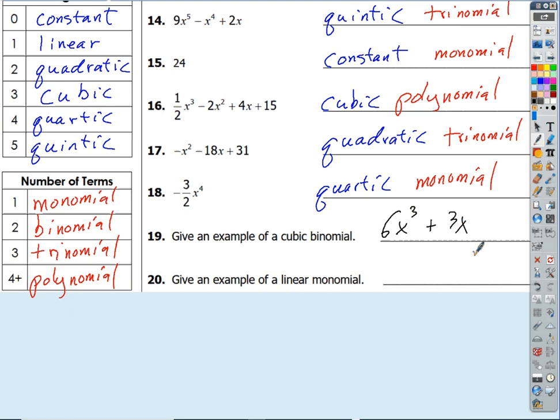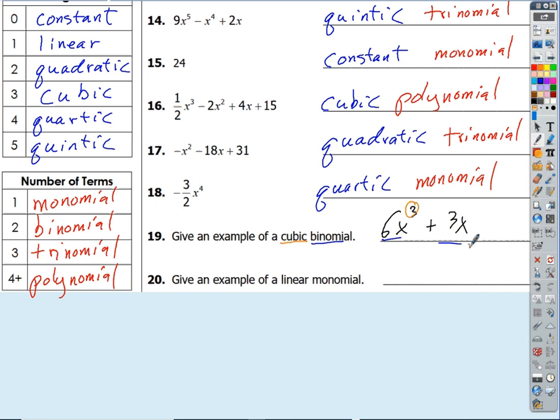Could you do 6x cubed plus 3? Sure, it could be 6x cubed plus 3, or 6x cubed minus 1, as long as it's x cubed. Let's color code this. The cubic part is that, and the binomial part is 2 of those, 2 terms.